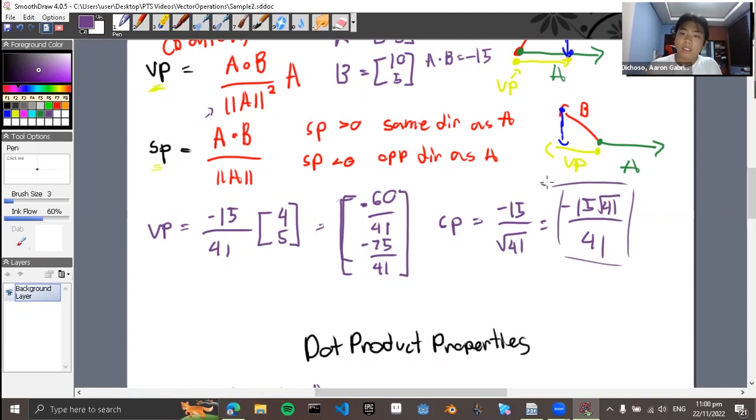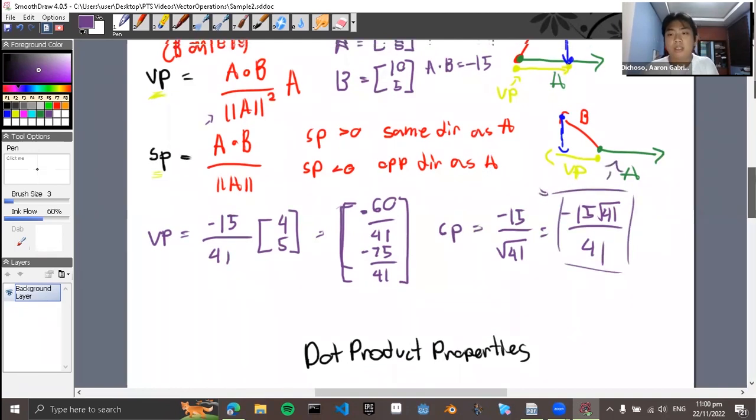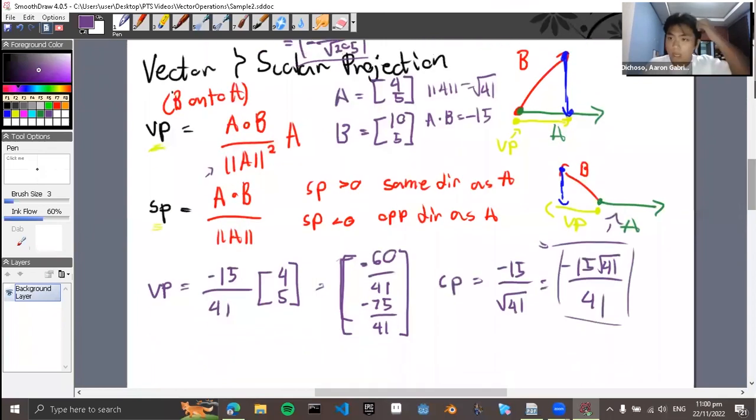And this tells us that it is pointing on the opposite direction as A. Keep note na kapag nasusulat to in word problems, it is usually described as B onto A. Parang B, you put it onto the vector of A. And whatever is being described here onto A, siya yung magiging nasa baba.